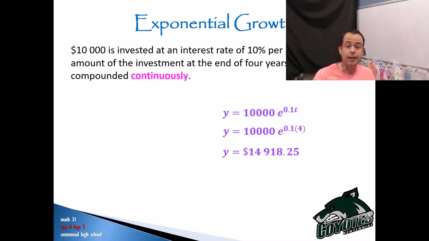So the daily interest rate would be 14,917. So the difference between daily interest and forever continual interest over 4 years is like $1. So this is more a conversation of how far can we take the limit mathematically. But that's what compounded continuously refers to.